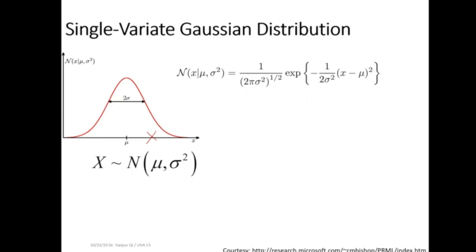So it really tells you a Gaussian distribution is fully determined. Its probability density function is fully determined by its mean and the variance values. And this is the PDF of the Gaussian distribution, which I think you should already have learned.